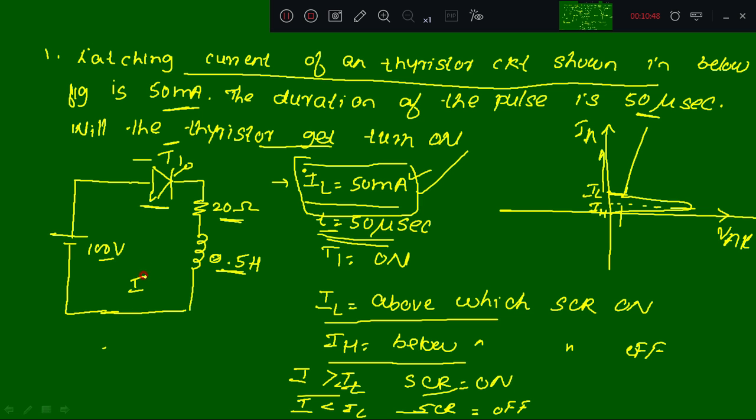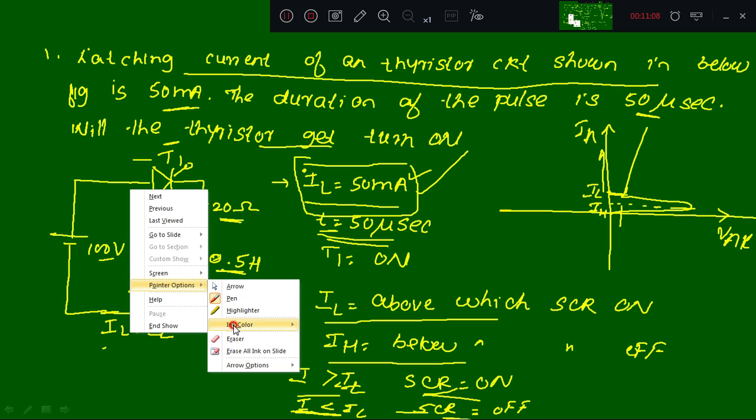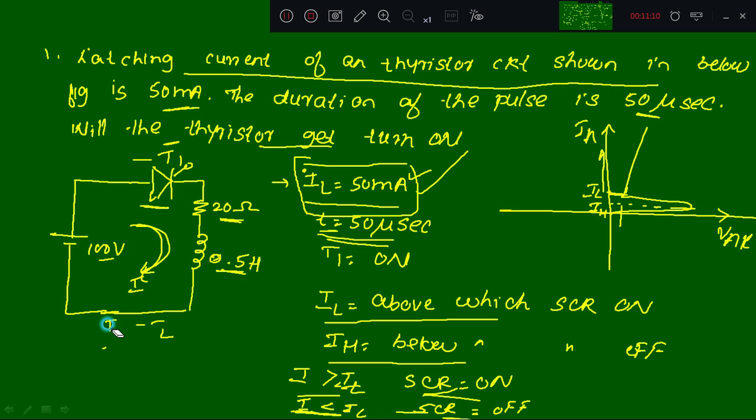If the current I flowing in the circuit is equal to or greater than the latching current, then the SCR is on. If the current flowing I is less than the latching current, then the SCR is off. So I am supposed to calculate the current flowing in the circuit.